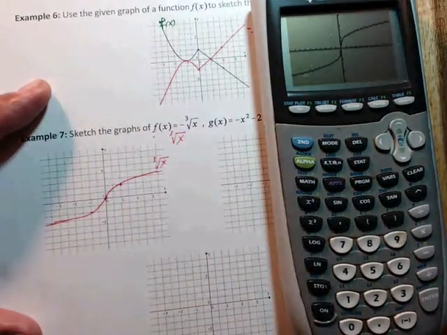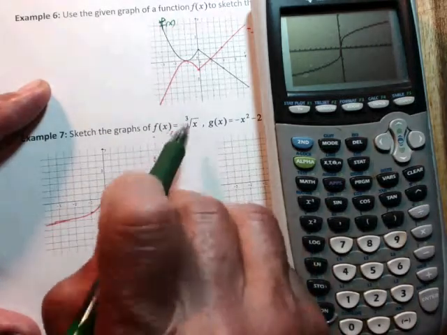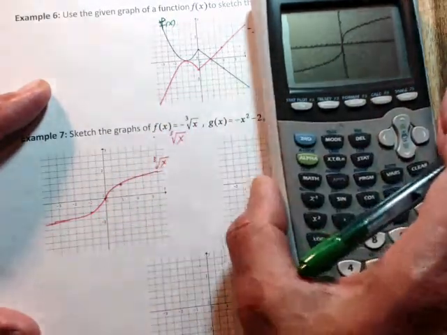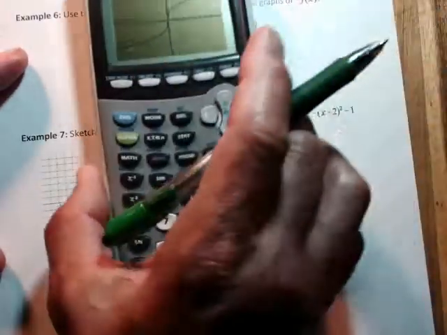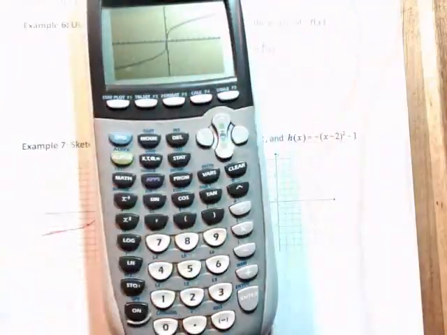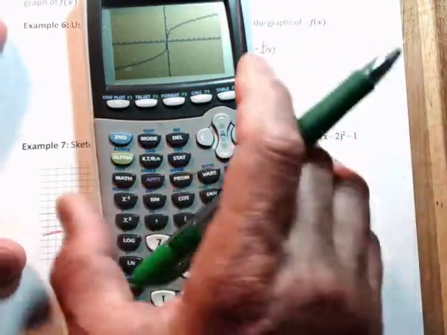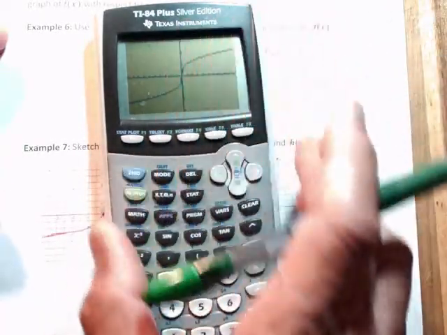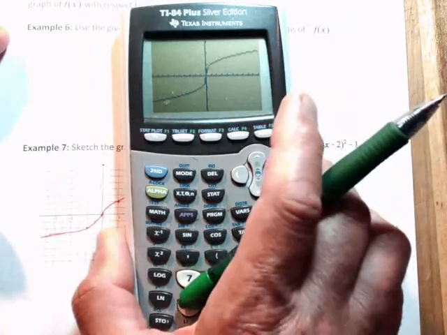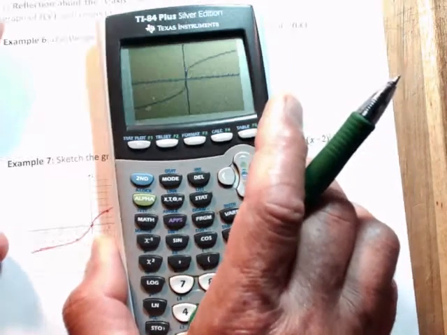cube root of x. Now if you want to do negative cube root of x, then you have to reflect that. So let me do it with the graphing calculator. On the newer graphing calculators, when you do more than one graph, the different graphs have different colors, and that's nice. But this is an older version, and I don't have the luxury of different colors for my different graphs.